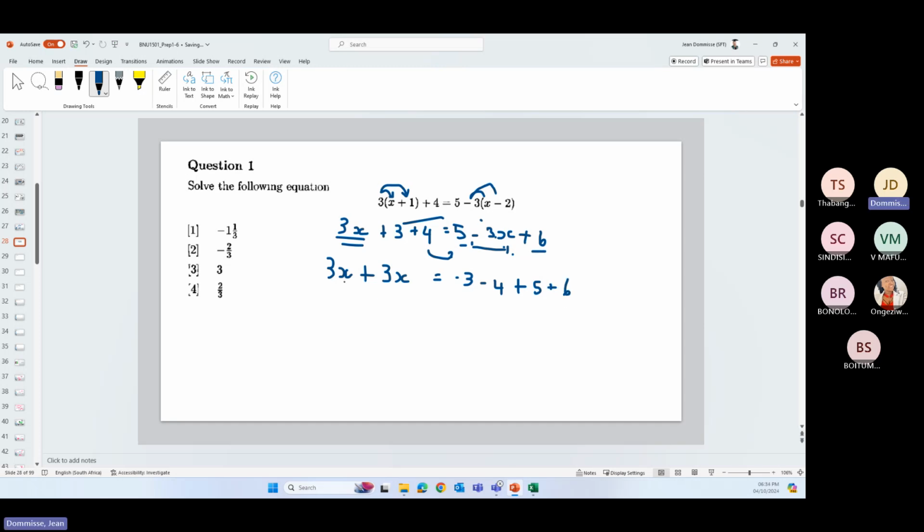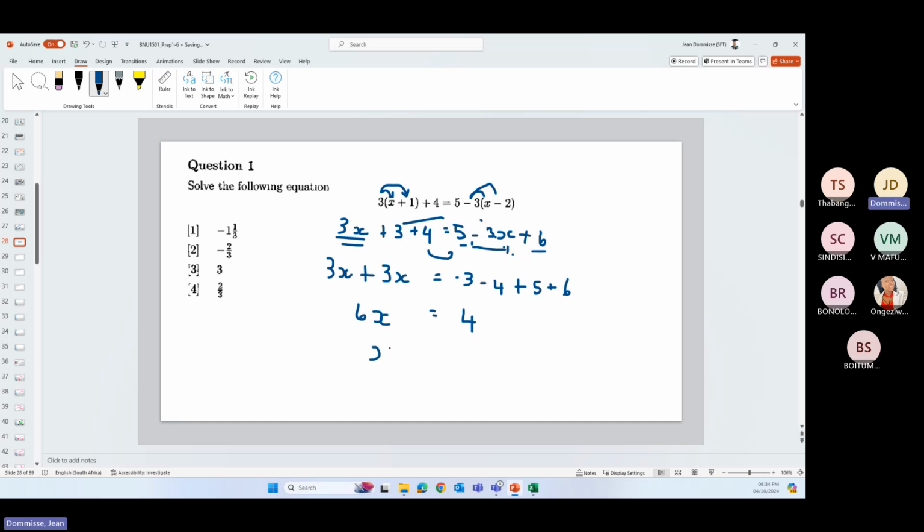On the left-hand side, 3x plus 3x is 6x. On the right-hand side, minus 3 minus 4 is minus 7. Minus 7 plus 5 is minus 2. Minus 2 plus 6 is plus 4.